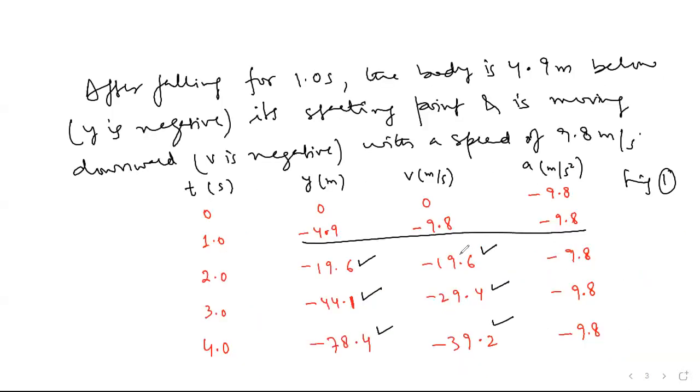You can see, if we go down as time proceeds, speed is increasing. So here velocity vector is directed downward, the body is going down. If I show velocity vector here, it is downward. Here velocity vector is here, also downward, but its magnitude will increase.